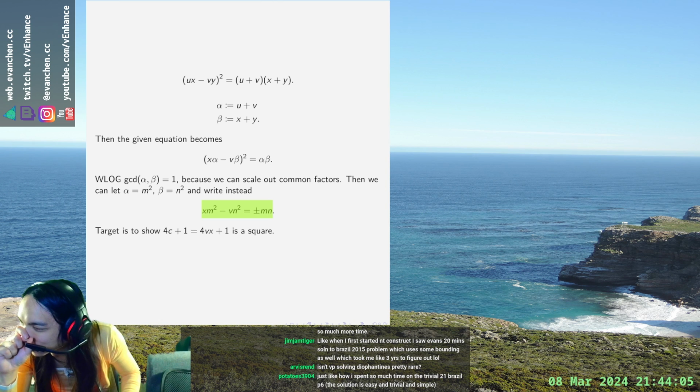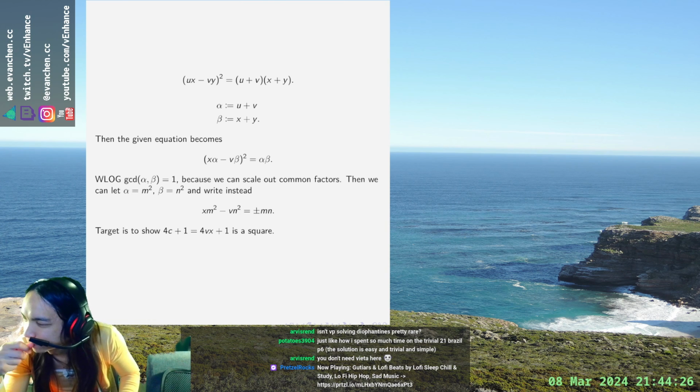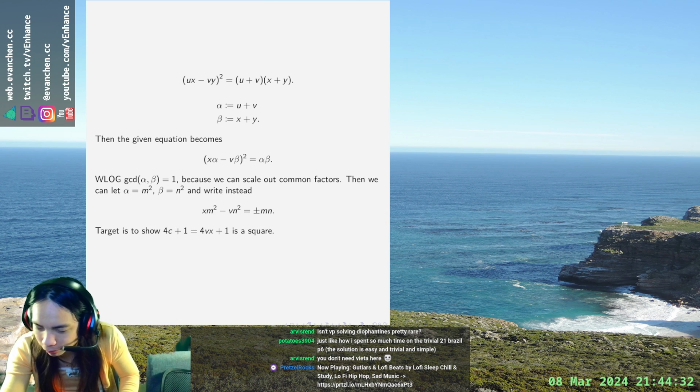What's going to happen is probably... the problem is I actually hate doing this Vieta jump thing, so I don't actually know how it goes. But if you fix the solution for n, you can flip the solution for m.